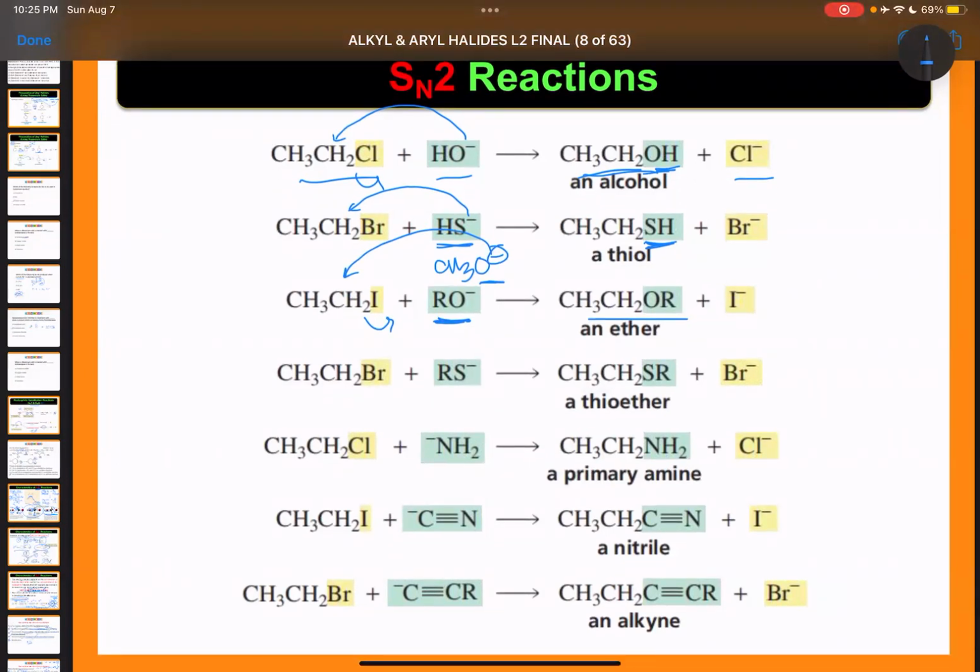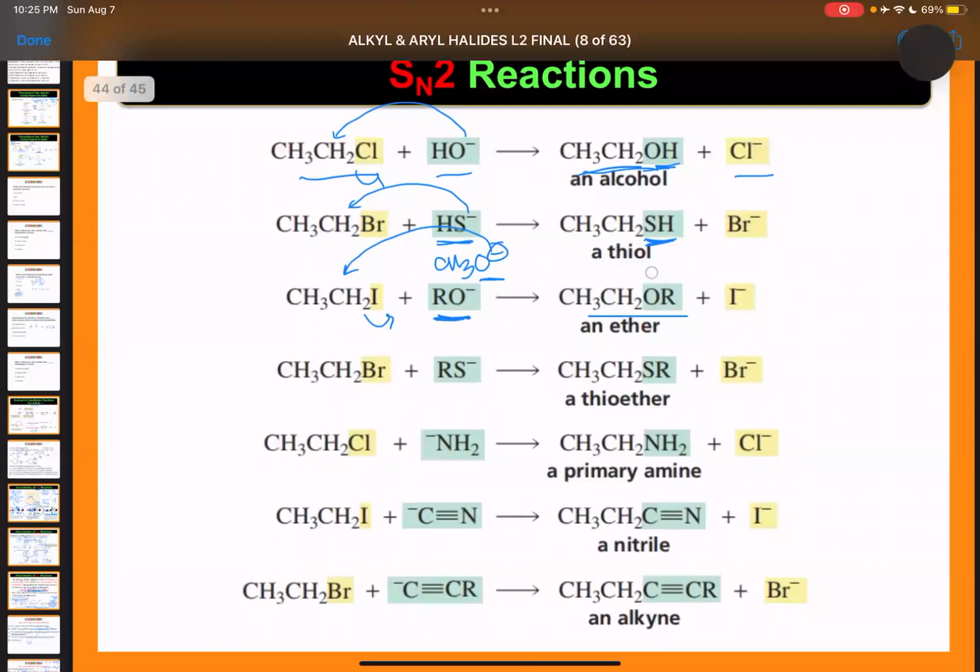In this substitution reaction, you have taken one alkyl halide and one alkoxide, and you ended up with an ether. Okay, ether has two alkyl groups on both sides. And this is a very important reaction for the preparation of ether in the next chapter.